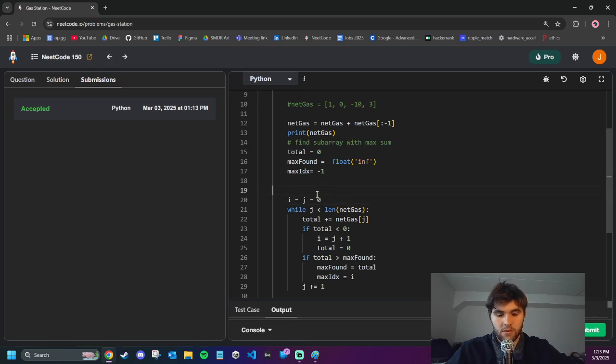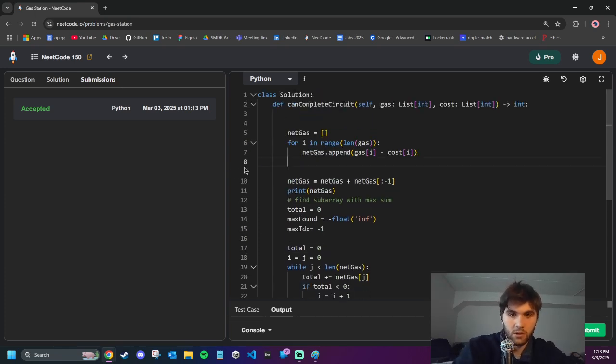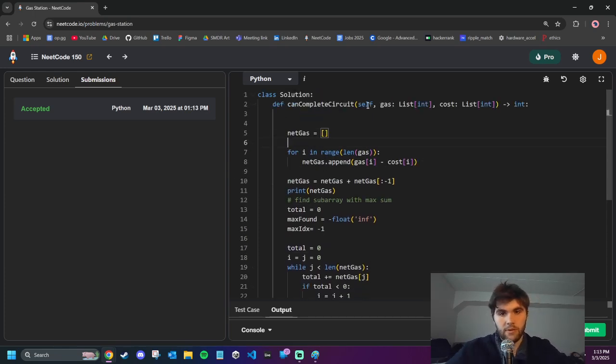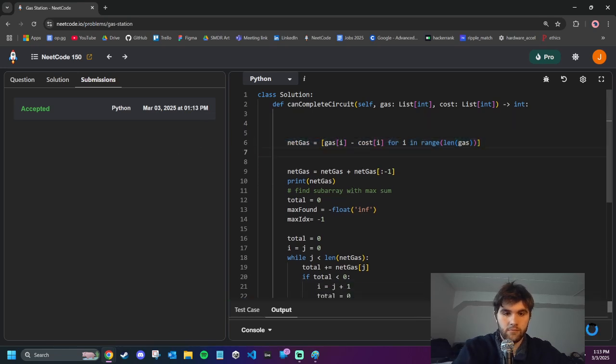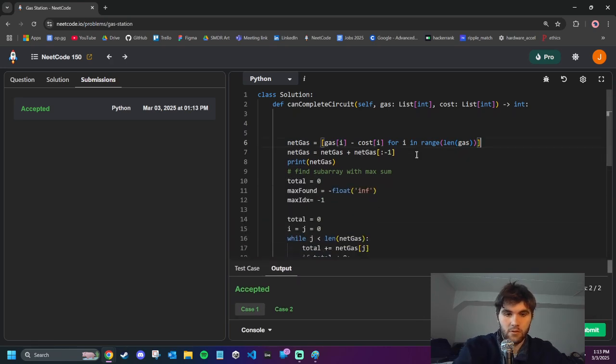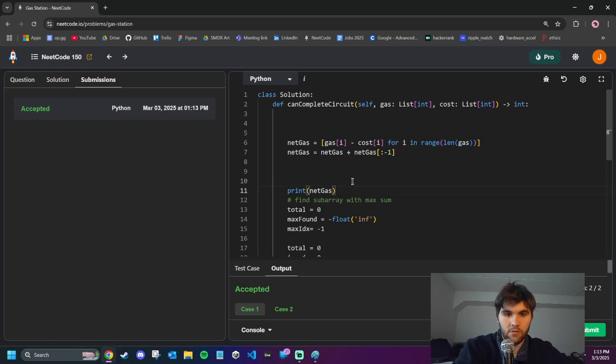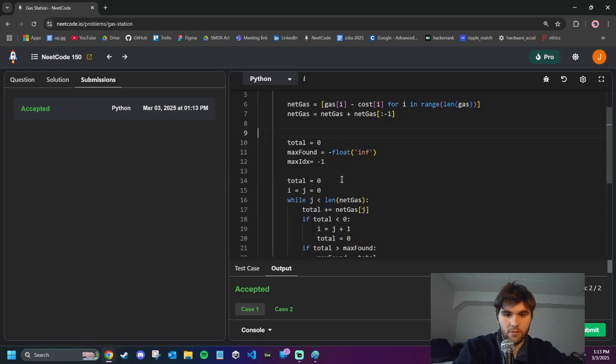That looks weird. Okay, so let me clean up the solution and then think about it. And then I guess we could say net gas equals gas of I minus cost of I for I in range length of gas, like that. We don't need total.